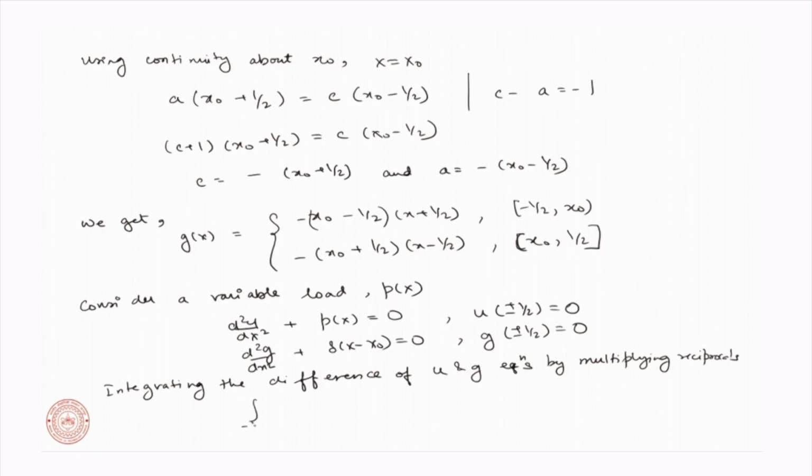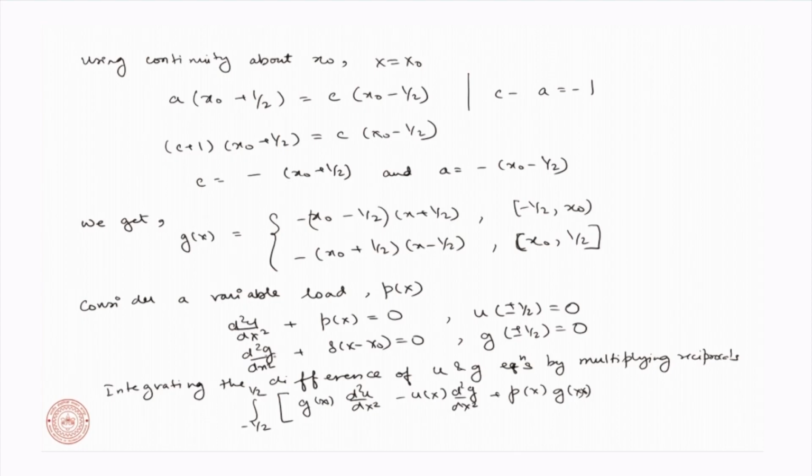So, our integration from minus 1/2 to plus 1/2, and we are getting g of x into d squared u by dx squared of x, minus u of x into d squared g by dx squared plus p of x into g of x, x at x naught also.